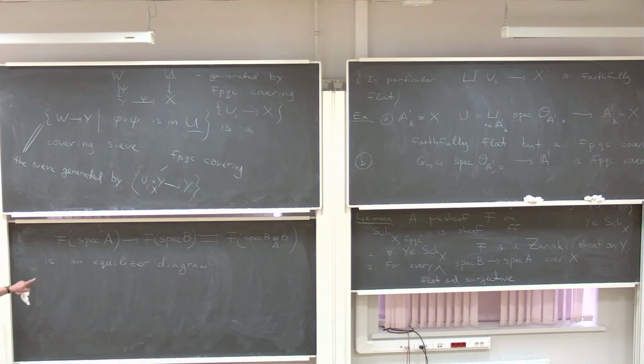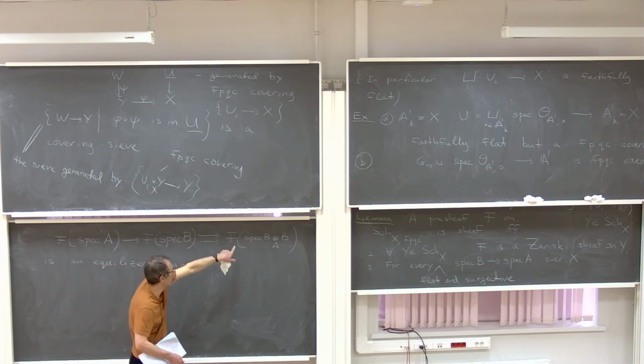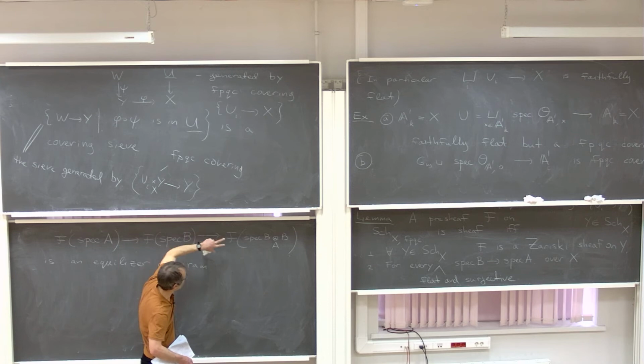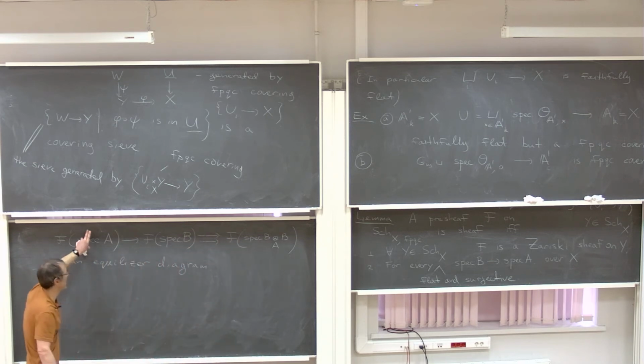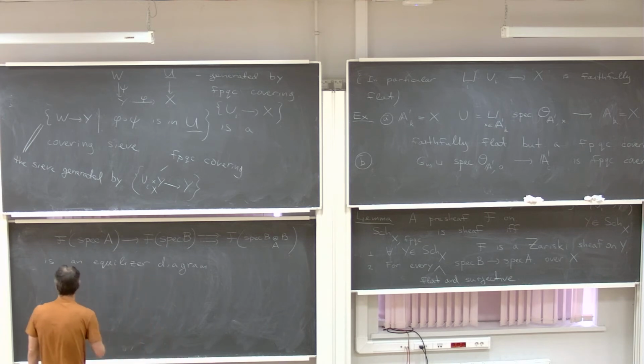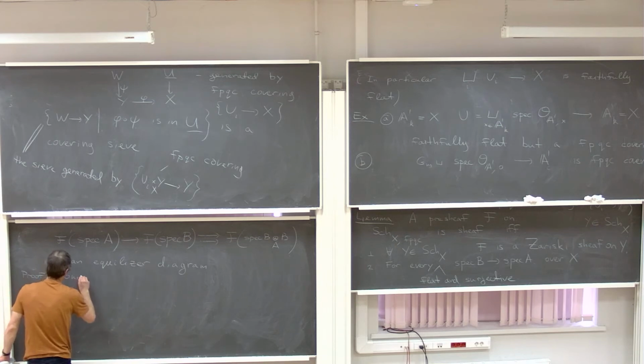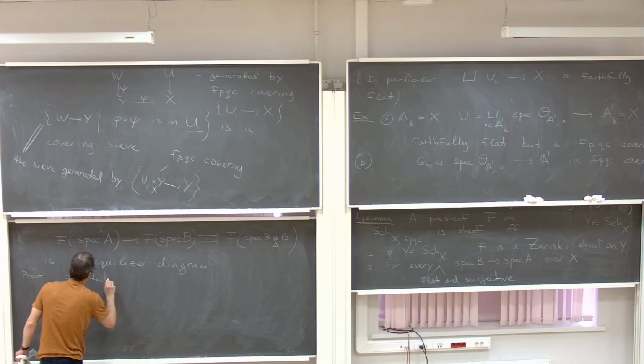So anyway, it's clear that this consists of all elements here such that the images under the two arrows here are the same. And that's precisely F of spec A. So, okay, that's the statement. And the proof, well, it's formal and it's boring. It will be omitted. I will not give it. There is nothing really deep here.